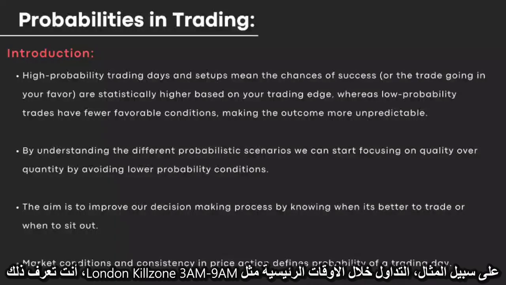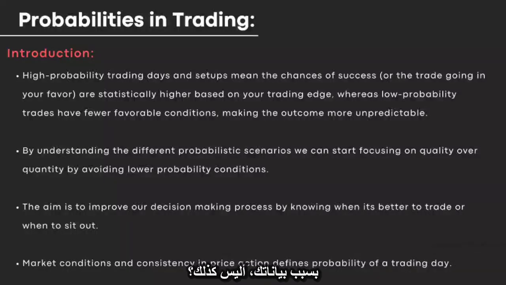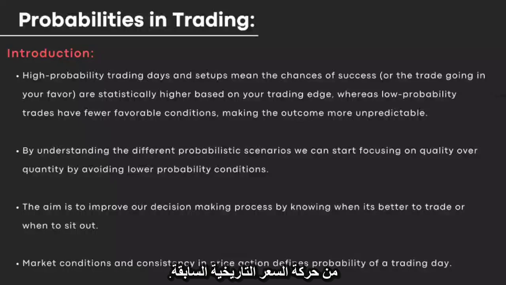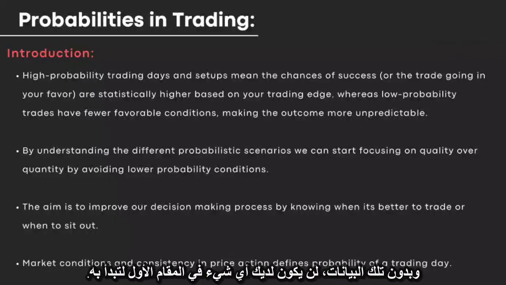For example, trading during key times like the London kill zone, 3 a.m. to 9 a.m. You know that because of your data, right? You know that these times are high probability for you because of the data that you've collected from past historical price action. That's why you trust it. And without that data, you wouldn't have anything in the first place to begin with.